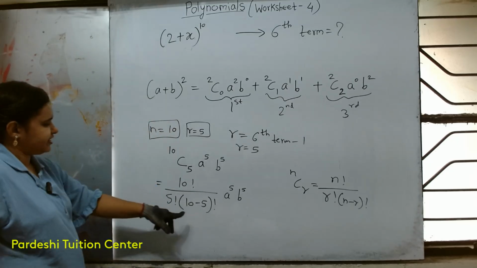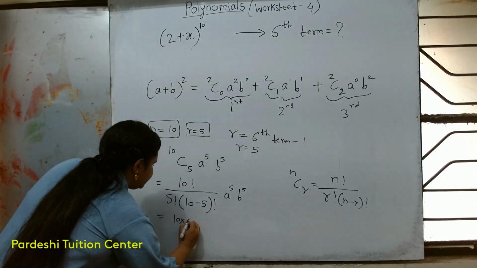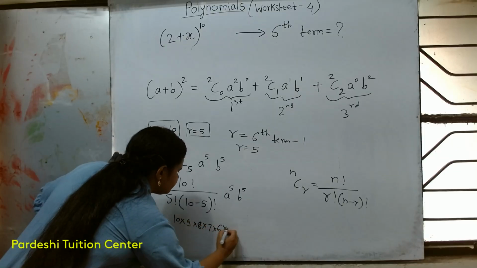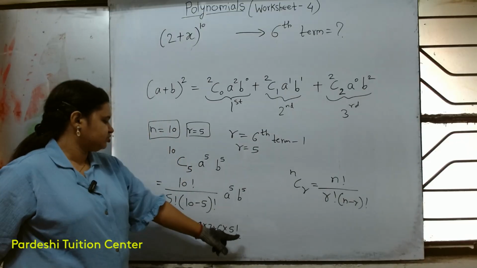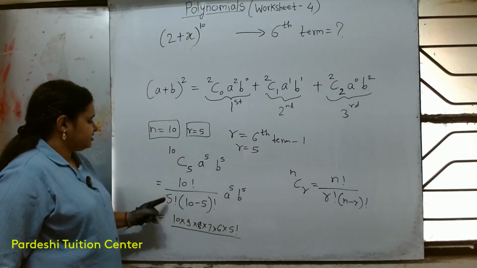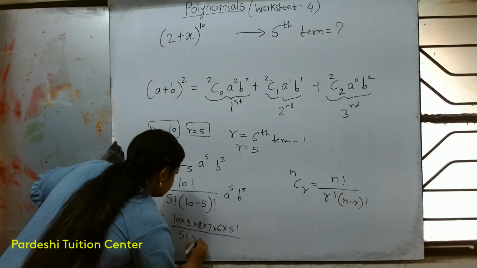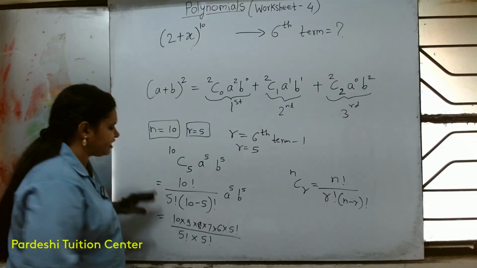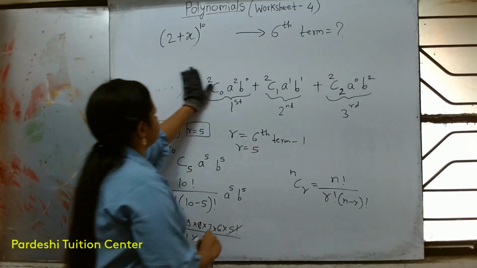So 10 factorial I can write as 10 into 9 into 8 into 7 into 6 into 5 factorial. I have written it up to 5 factorial, so I can easily remove this 5 factorial and 5 factorial. 10 minus 5 is 5. Now here it is 5 factorial, 5 factorial, 5 factorial will get cancelled, okay.